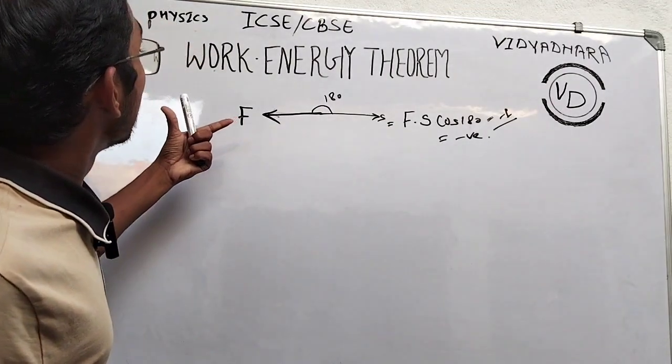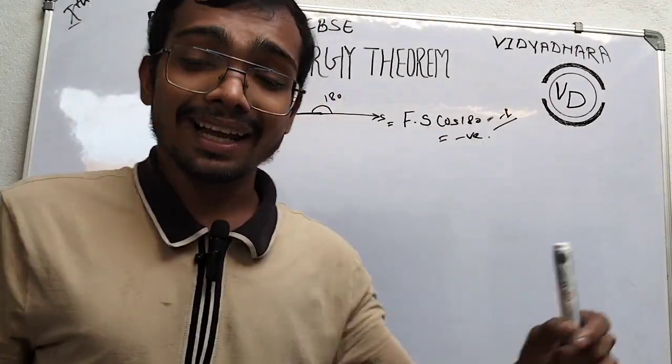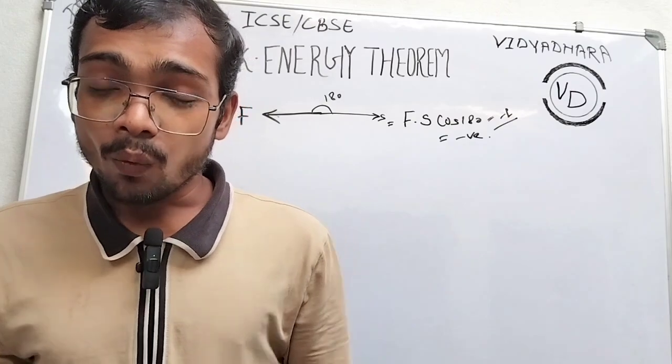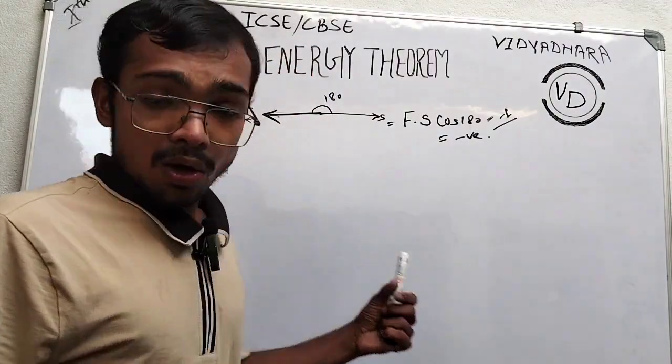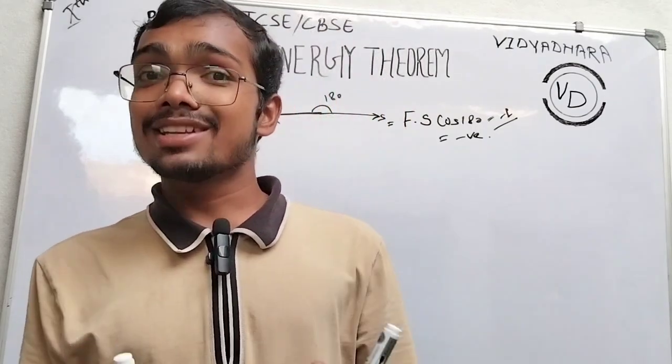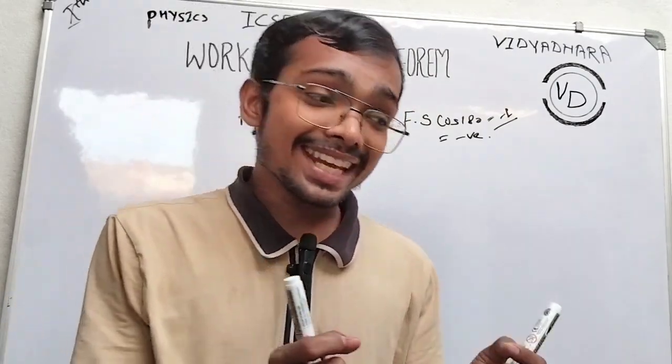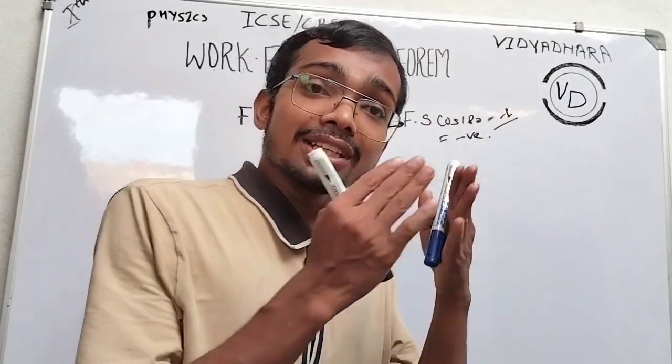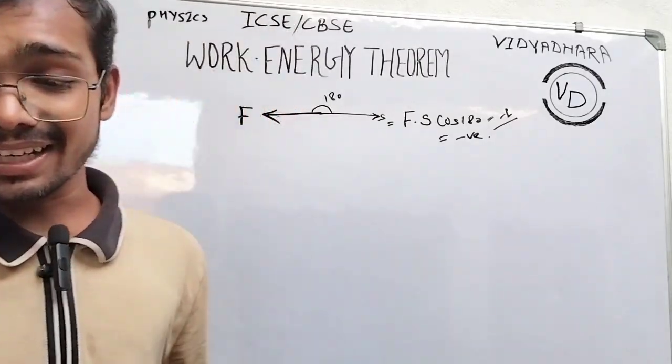Let's look at this example through the work energy theorem. What does the work energy theorem say? Change in kinetic energy. Yes, children. Change in kinetic energy means kinetic energy final minus kinetic energy initial.